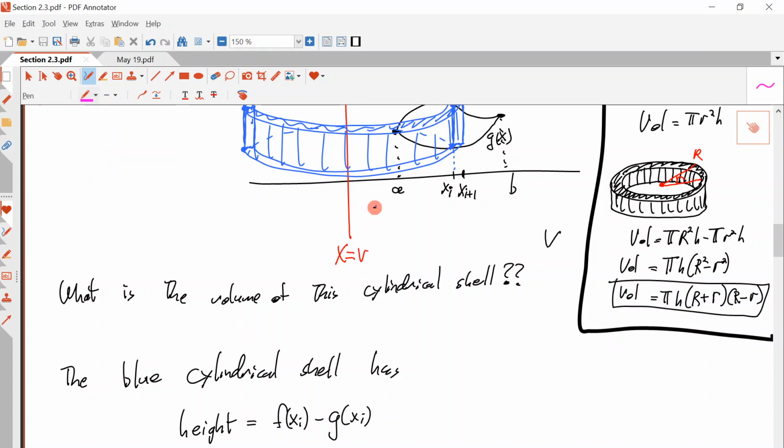Color purple, so this is the little radius right here. This is the big radius right here. And the difference between the little radius and the big radius, of course, is just delta x.